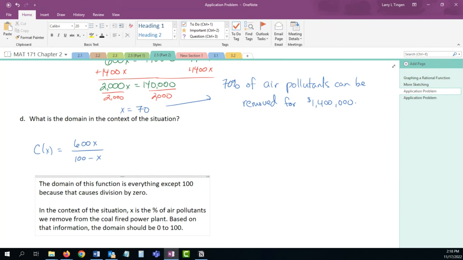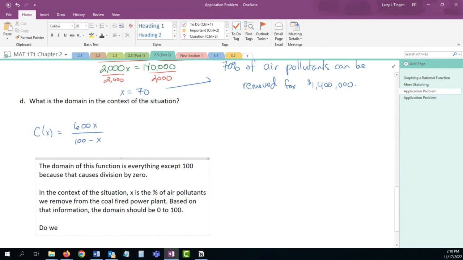And then the question is, do we include the endpoints of 0 and 100?